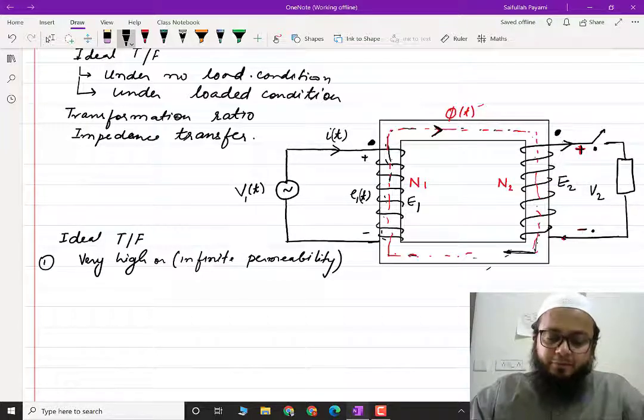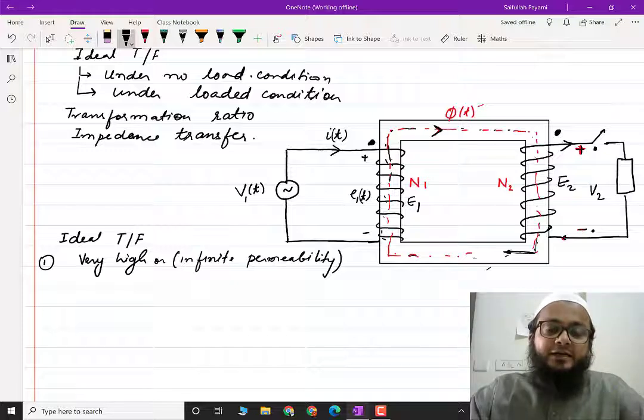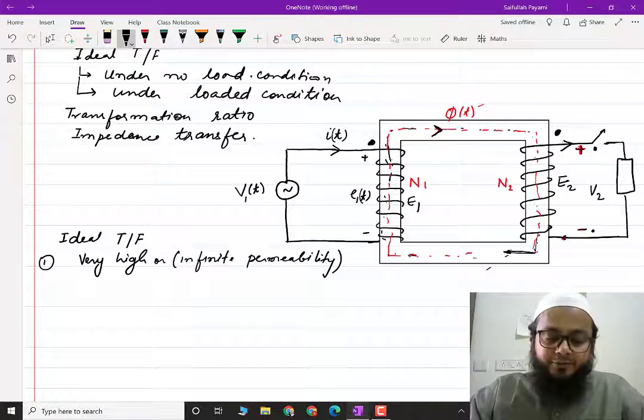Because if the permeability is infinite, in terms of reluctance you can think that the reluctance would be 0, because reluctance is l_c by mu naught mu r into A. So infinite permeability means the reluctance is 0.